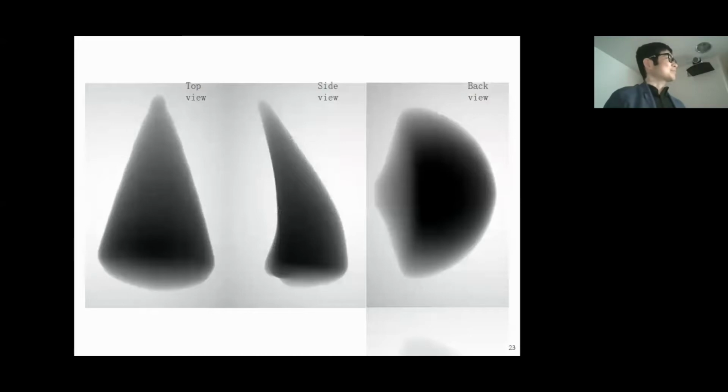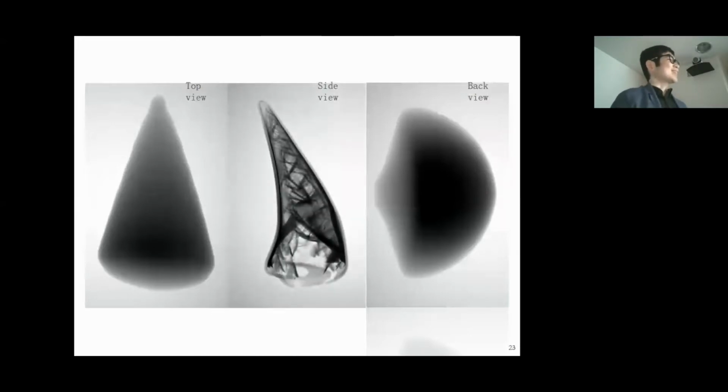So before I introduce our approach, let me show you the result for this bird beak. Basically, we want to use computation to study how a natural structure like a bird beak can evolve by following some simple physical rules. Here we set it as a very standard topology optimization problem.